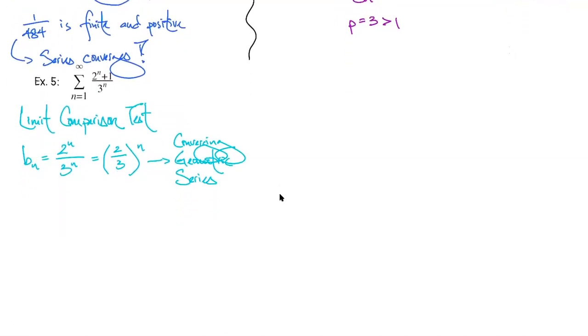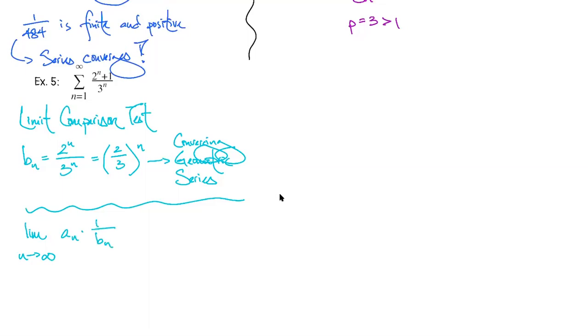Now, if you're in a situation where you've found your b sub n, and you feel confident with that, but you don't feel as confident saying whether this one is bigger or smaller than your original function, this is where the limit comparison test comes in handy. The limit comparison test says it doesn't matter which one's bigger or smaller, but you can take the limit as n approaches infinity of your a sub n times 1 over b sub n.